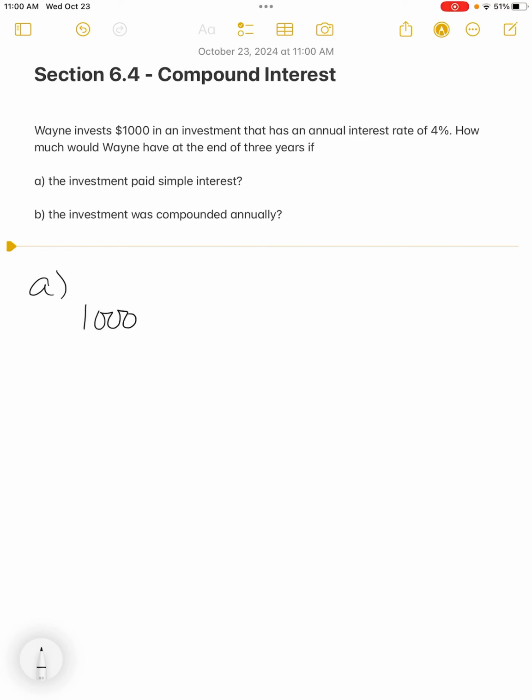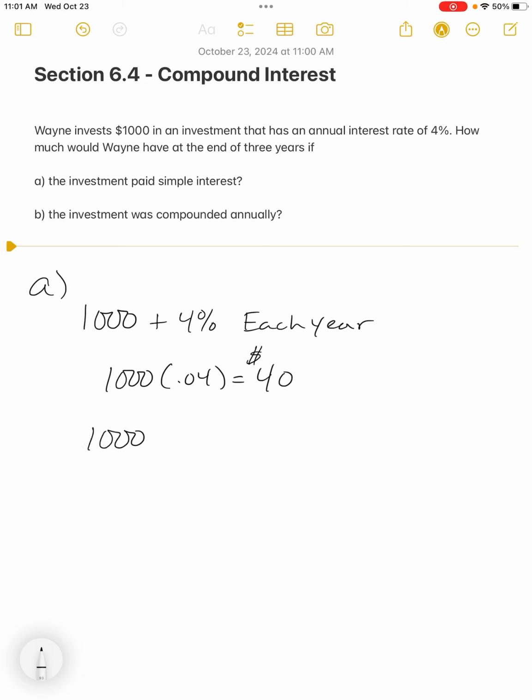So $1,000 is invested, and every year I'm going to add 4%. Well, 4% of 1,000, let's take 1,000 times 0.04, we get $40. So each year, I'm going to make $40 in interest.